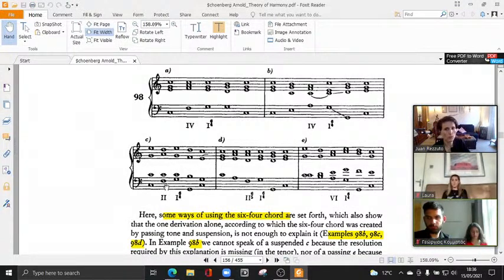But when you use a second, usually that's what happens, especially when you go to the dominant seventh, not the dominant.